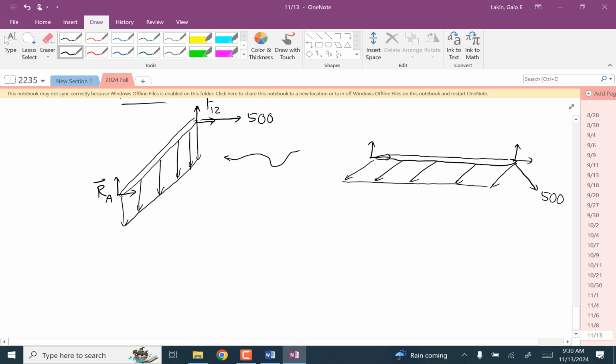So here are the steps that we're going to take.